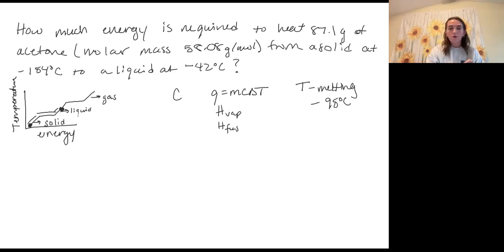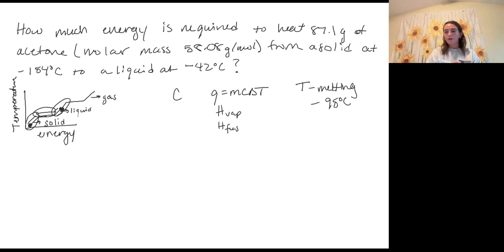So I need to get from minus 154 to minus 95, go through a phase change to melt my acetone, and then get from minus 95 to minus 42. So we have to go through 3 different steps: this solid, this phase change, and then this liquid component.